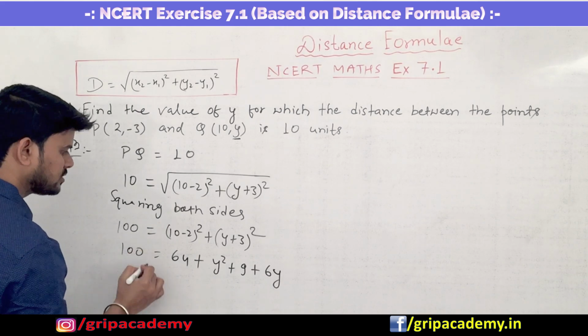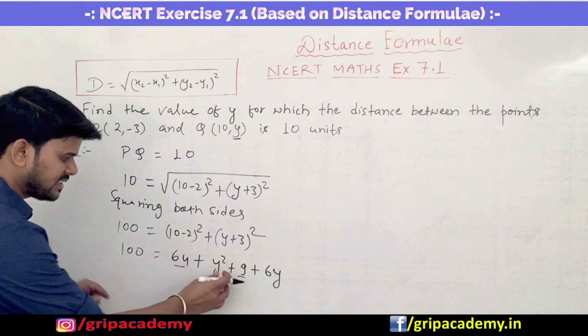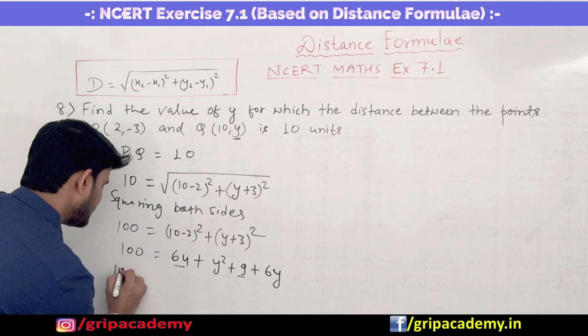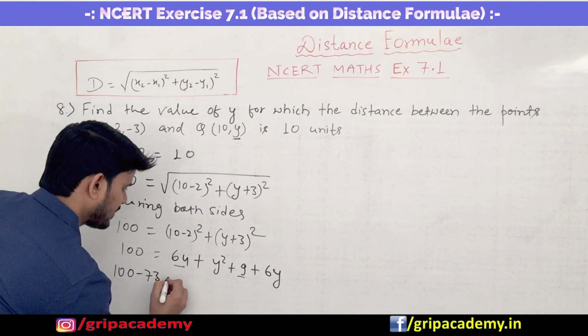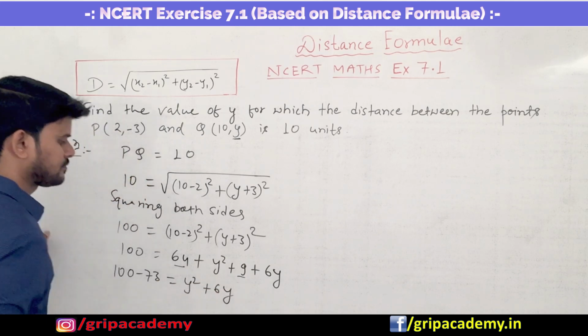So 100 equals to this much. 64 plus 9 is 73, 73 will come this side, so it will become minus 73 equals to y square plus 6y.